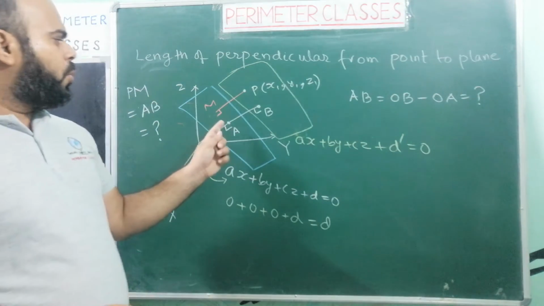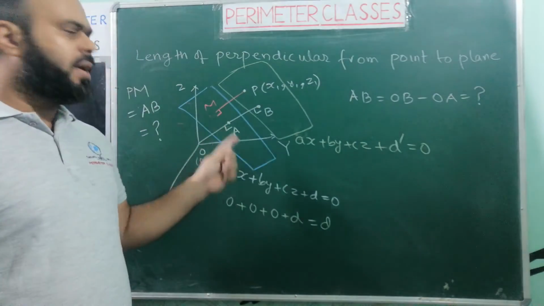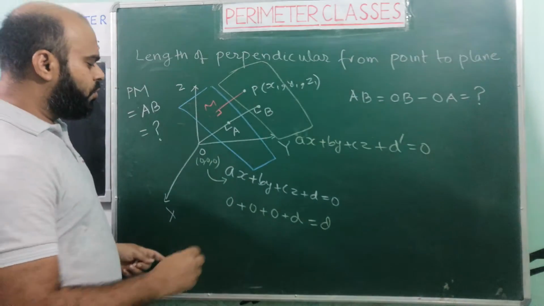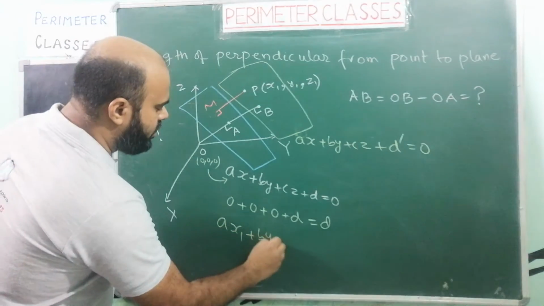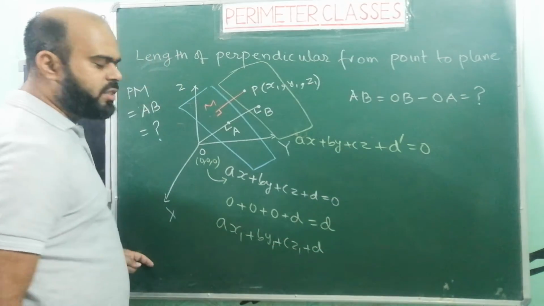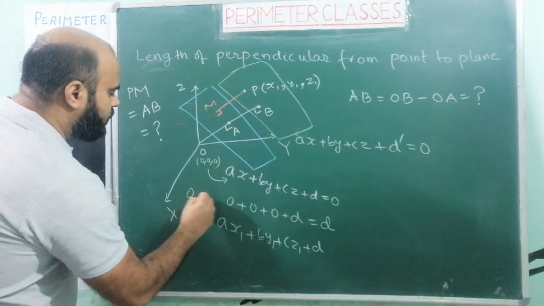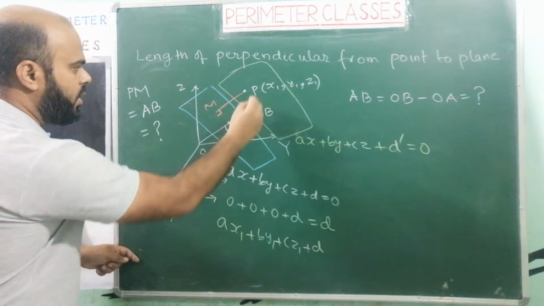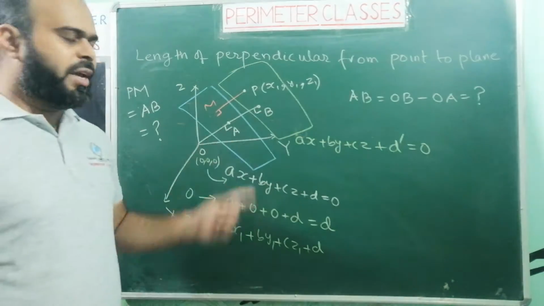And if I put a point P (x1, y1, z1) on the same plane, we will get ax1 plus by1 plus cz1 plus d. So here we are putting the origin on this plane, and here we are putting the point P coordinates on this plane.